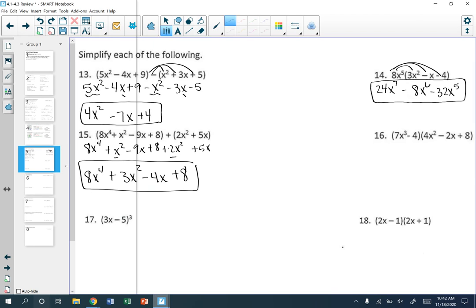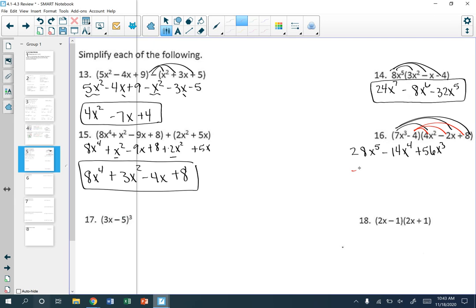All right, number 16. So this is kind of like foiling, right? But here we have 3 terms. So we need to multiply 7x cubed by everything, which gives me 28x to the 5th minus 14x to the 4th, and then 7x cubed times 8 is 56x cubed. And then I take my -4 and multiply that by everything.